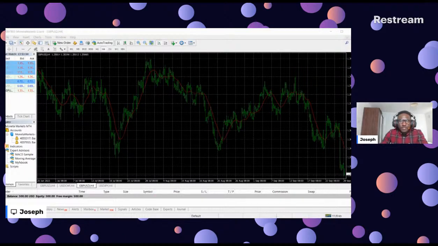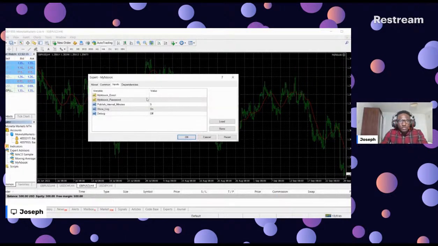So open the navigator bar and find Myfxbook, and then we have to enter some things in there. So there you go.